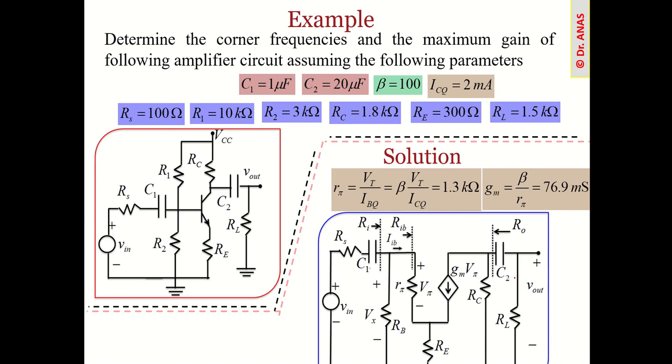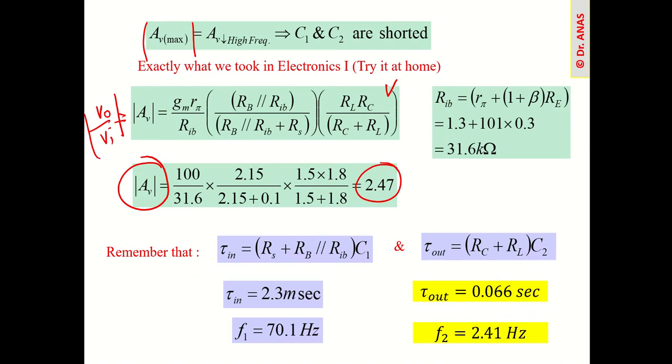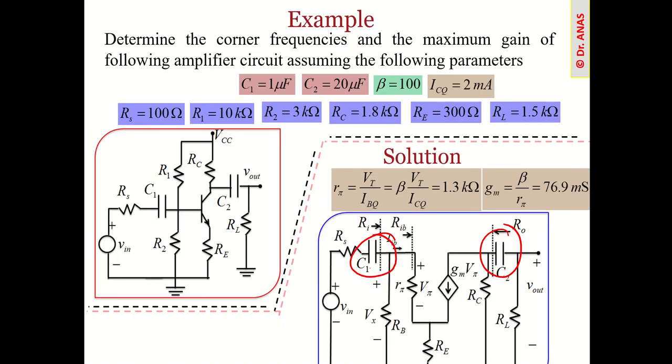Now let's try to analyze the corner frequencies. There are two capacitors here, so we will have two corner frequencies. Let's try to find the corner frequency of this one. The rule is to make an open circuit from that point.